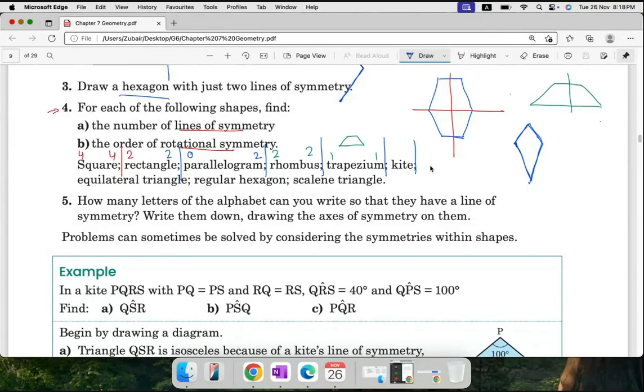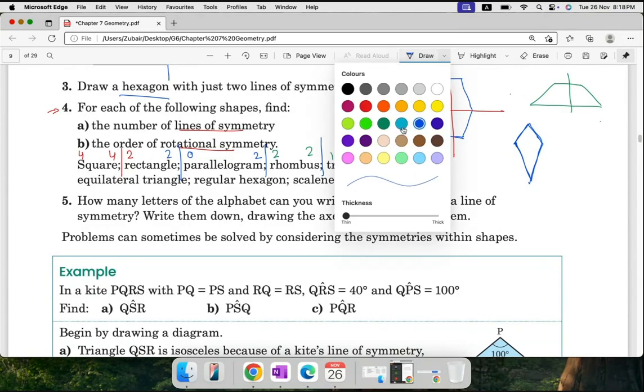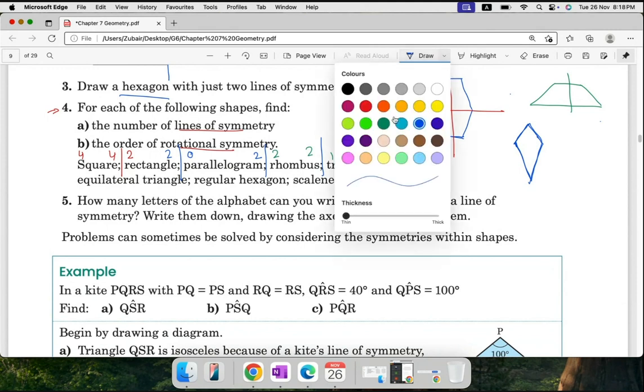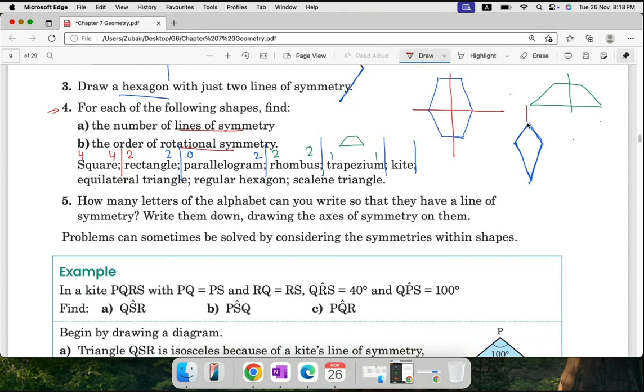None. There are two. No, then one. One line of symmetry. Ali, are you with us? Yes, sir. This is the only line of symmetry, and order of rotation is one.